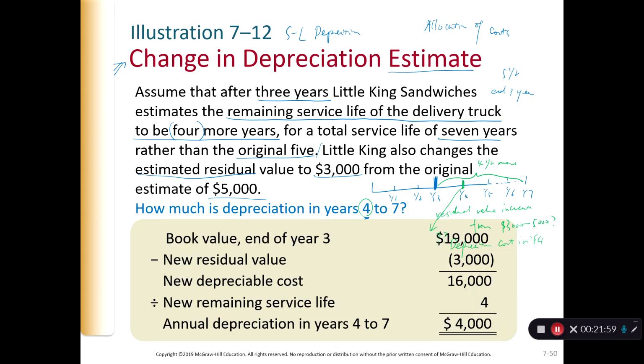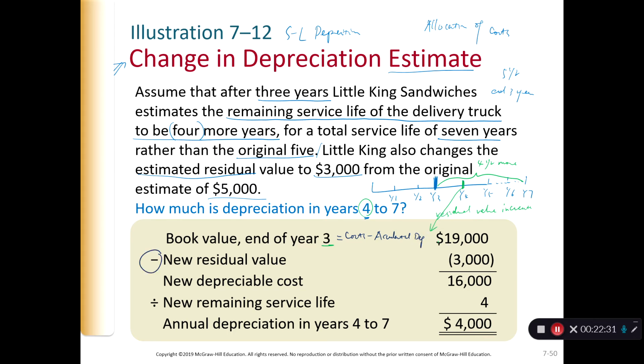Okay, here is the process. First of all, by the end of year 3, the book value, which is the cost minus accumulated depreciation for the 3 years, equals $19,000.